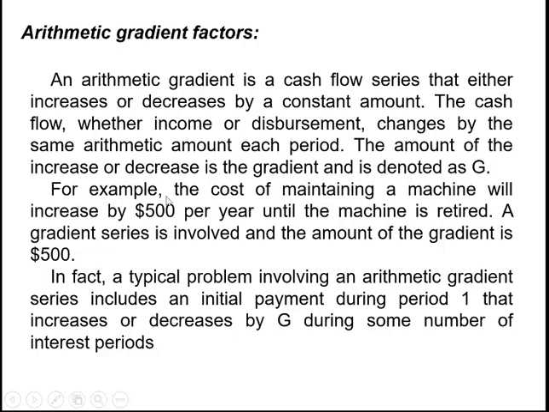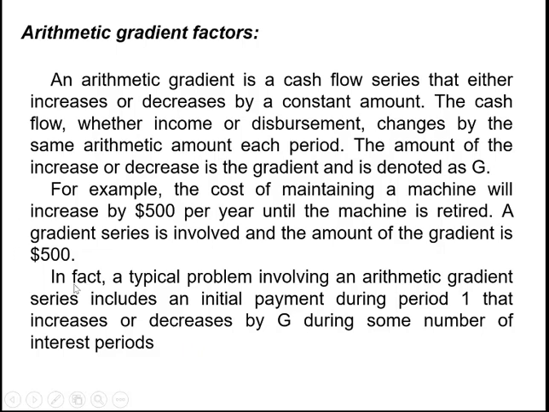For example, the cost of maintaining a machine will increase by $500 per year until the machine is retired. So this is an increasing gradient series and the amount of the gradient is 500.